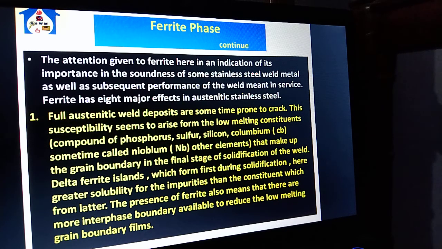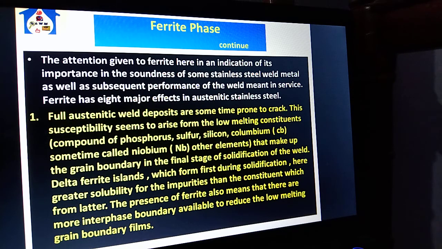Ferrite has major effects in austenitic stainless steel. Fully austenitic weld deposits are sometimes prone to crack. This susceptibility seems to arise from low melting constituents, compounds of phosphorus, sulfur, silicon, chromium, Cb, sometimes called niobium, and other elements that make up the grain boundary in the final stage of solidification of the weld.